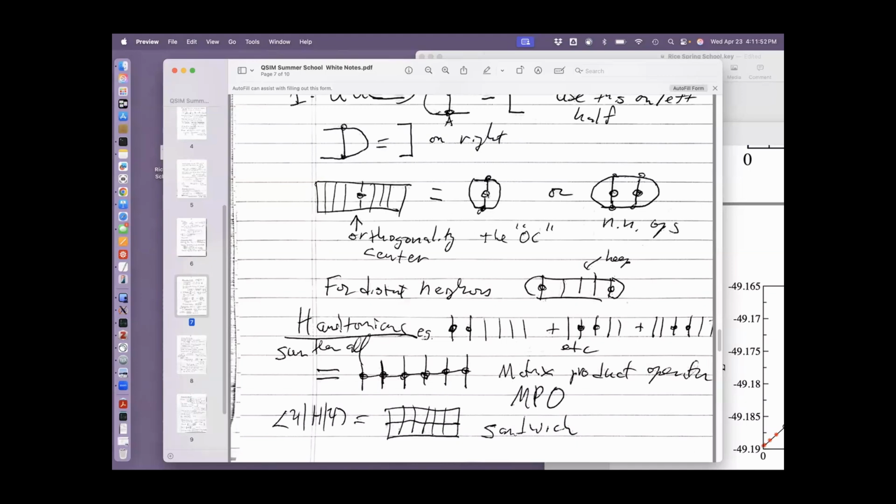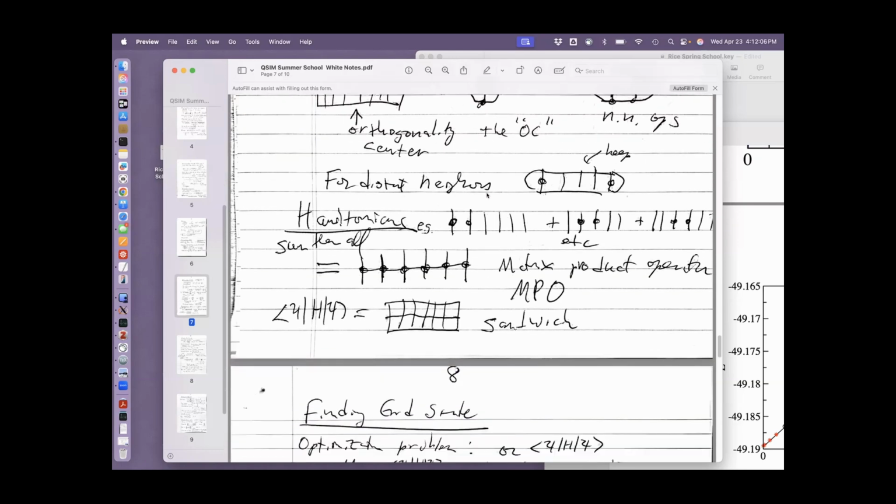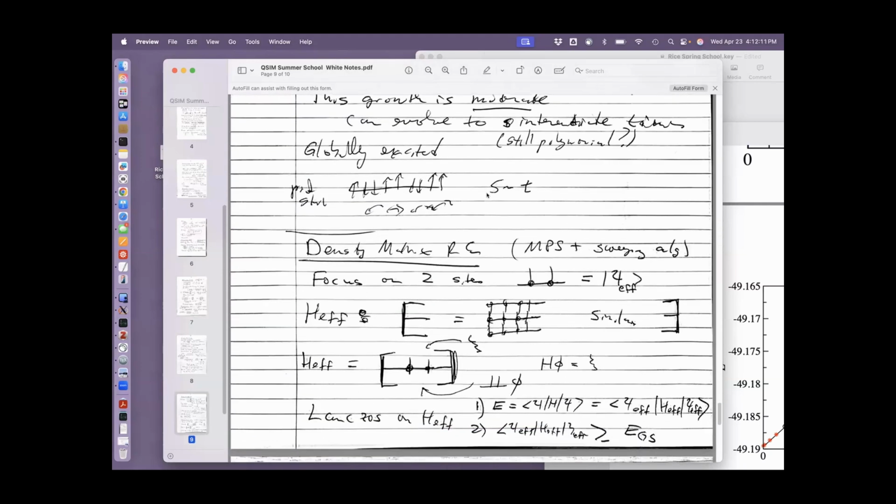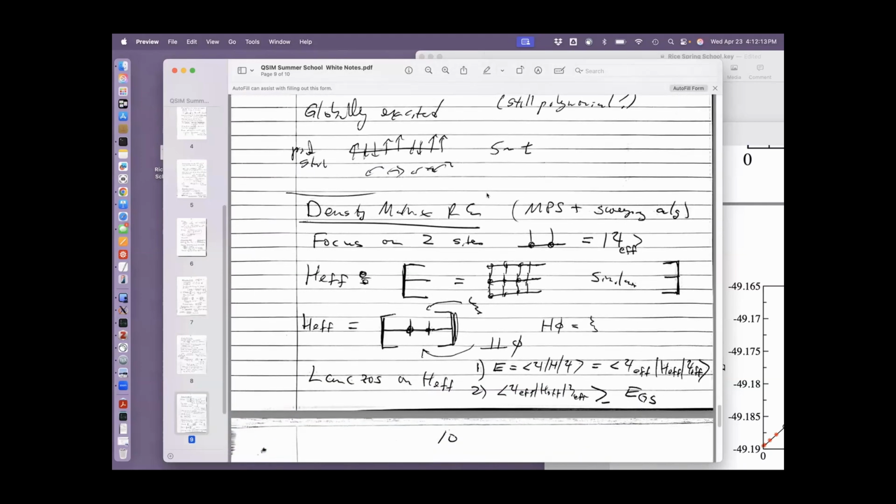So there's a little bit of some of the details of the manipulations of these that I skipped today. But there's simple rules for a very general representation that gives you the tensors you need to construct the Hamiltonian. And basically it's these sorts of pieces.